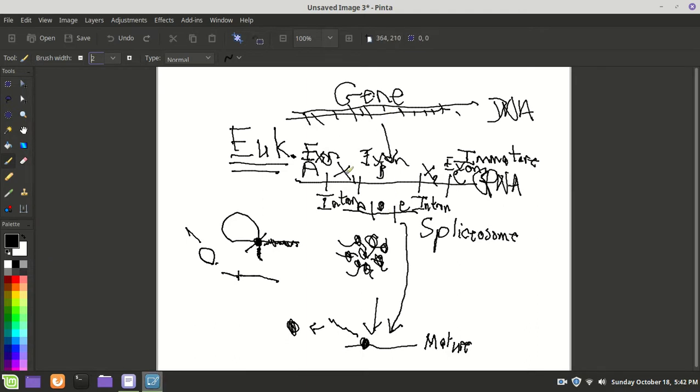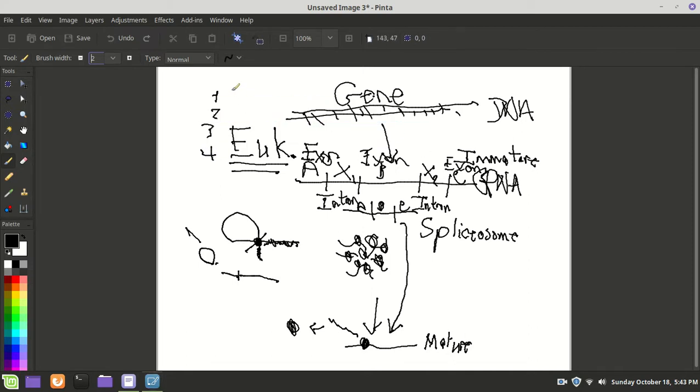Sometimes you cut out X1 but not X2, which creates a different sequence and therefore a different protein. Sometimes you cut out X2 but leave X1, which again would make a different protein. Sometimes you leave them in or you cut both out, so there are two more proteins. If you have two introns in your gene, you potentially have 4 proteins that you can make.